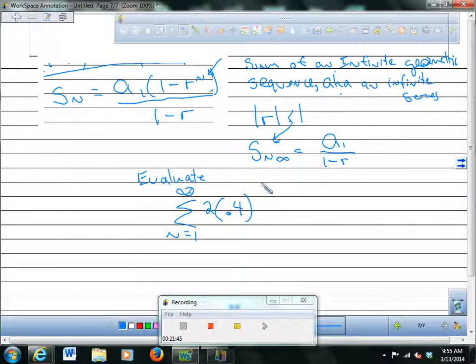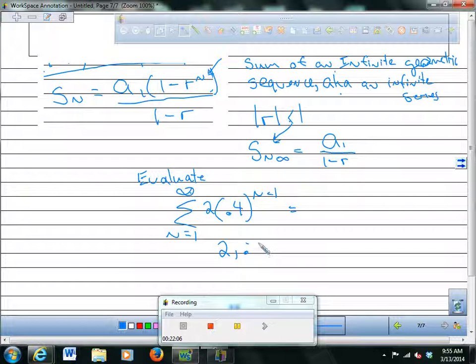Okay, 0.4 raised to the n minus 1. So in this case, this is saying I start with 2, right? And so if I want to add up all the numbers, 2 times 0.4 would give you, what would that be? 0.8.